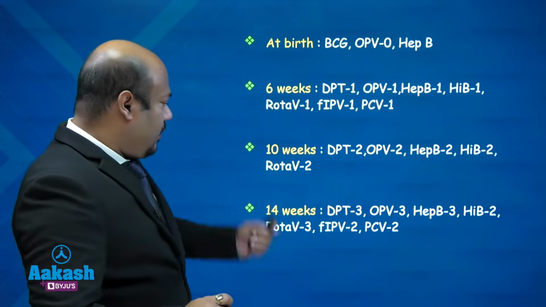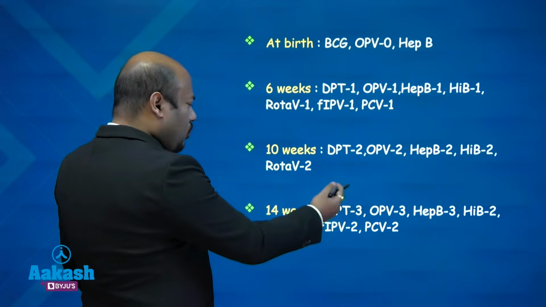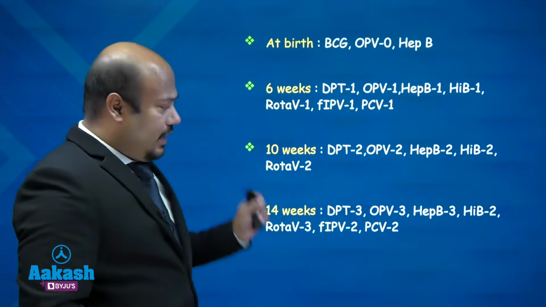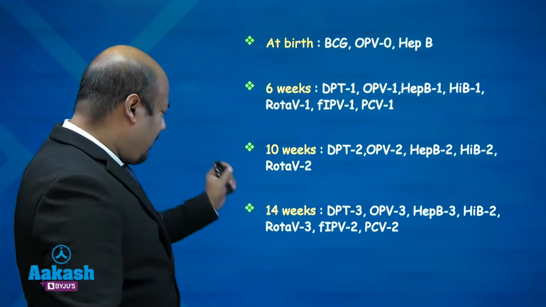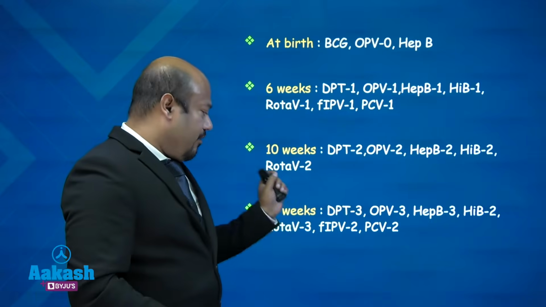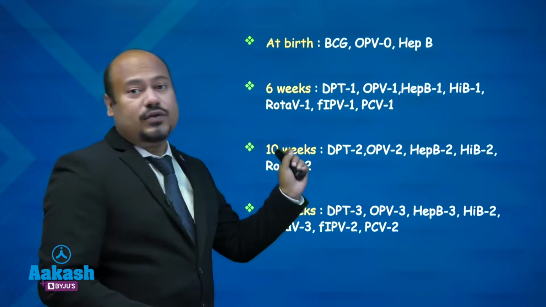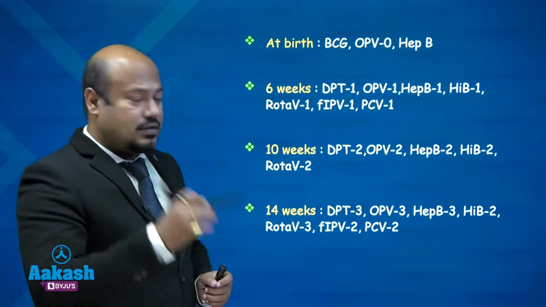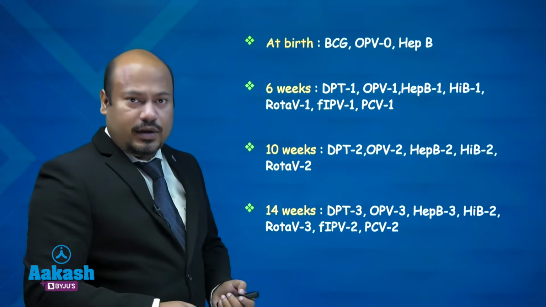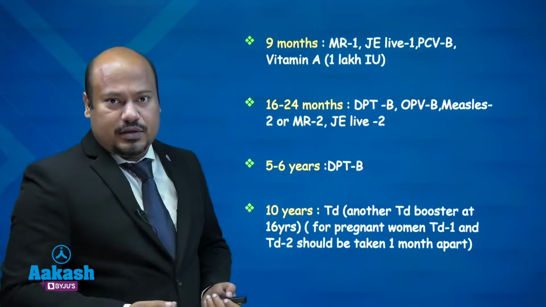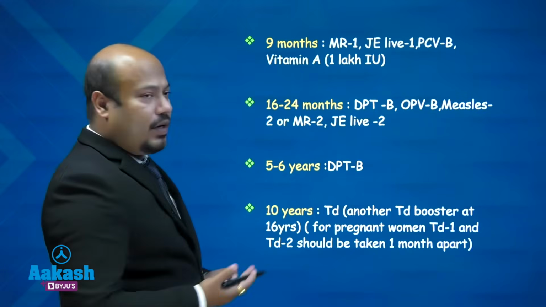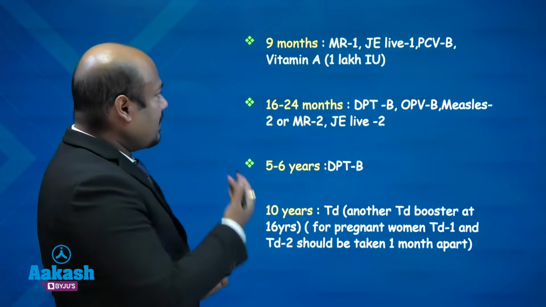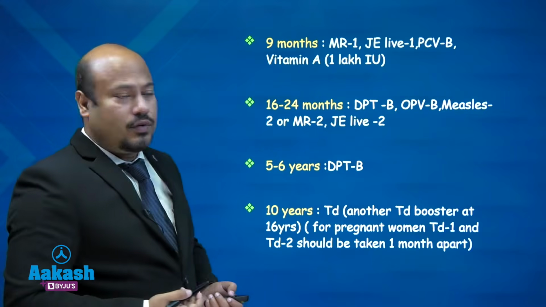Clear? So at 14 weeks, again DPT3, OPV3, hepatitis B3, Haemophilus influenzae type B3, rotavirus 3, and again fIPV2 and PCV2, because at 10 weeks there was no fractional inactivated polio vaccine and pneumococcal conjugate vaccine. At 9 months you have measles rubella 1 and JE live 1, the booster of the pneumococcal vaccine, and vitamin A 1 lakh international units.